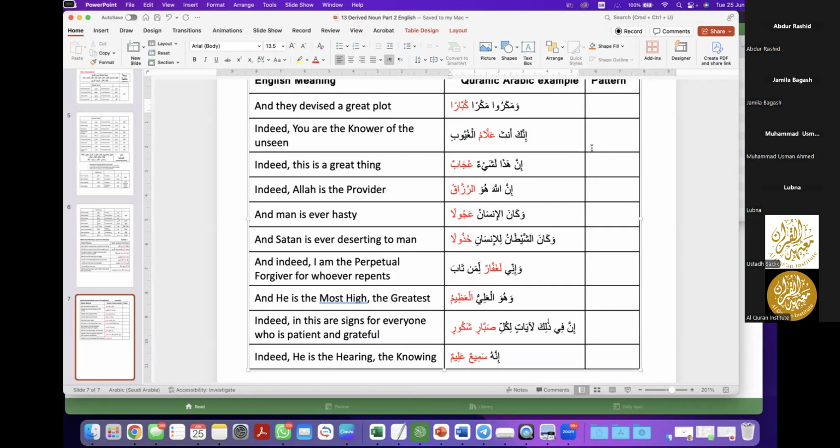No. It's describing the object. Could it be ismul zarf? No. Could it be ismul ala? No. Could it be ismul tafdil? No, because tafdil has a pattern. So could it be ismul sifat mushabbaha?